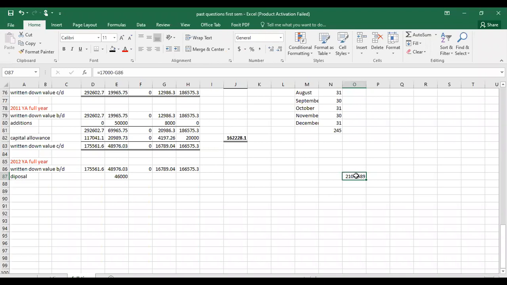But I don't think the question here is asking you to do that. So what you do is that you repeat this same thing over here as a disposal so that it clears off the book, because we are selling that particular asset from the books.